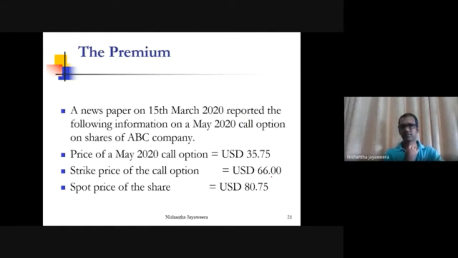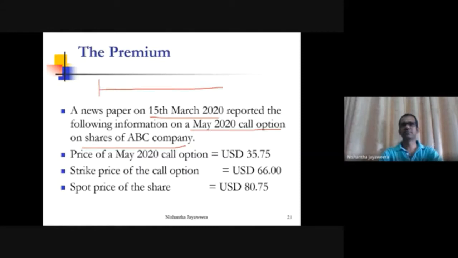So this is an example. A newspaper on 15th March 2020 reported the following information on a May 2020 call option on shares of ABC company. So this is March. We are here. Options to be expire in May.